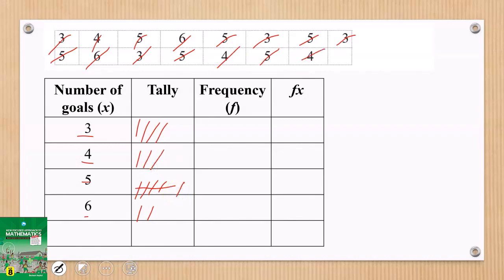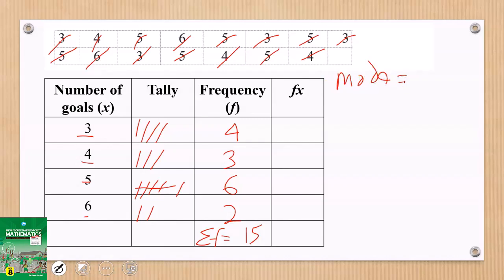So we can put the frequency as 4, 3, 6, and 2. Then we can also add our total frequency. Total frequency is 15.